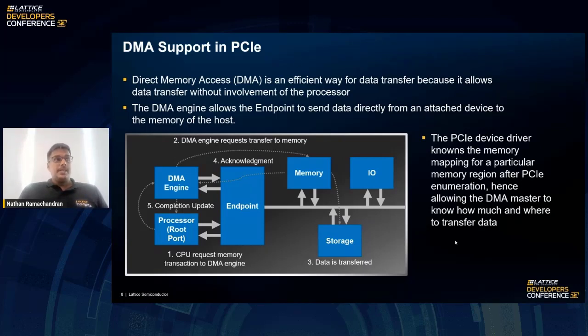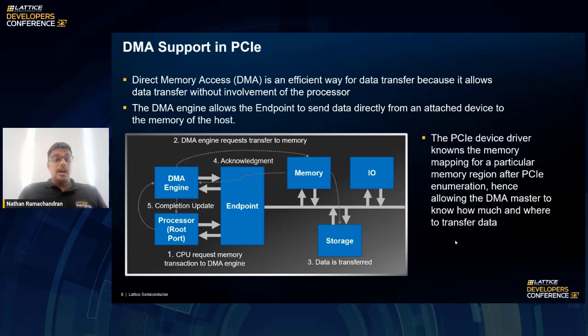So in PCIe, we have a process called link training and then enumeration. The enumeration is the process where the memory registers or the config space registers are exchanged between the host and the endpoint. Hence, both ends know what is the memory region mapping of a particular endpoint.